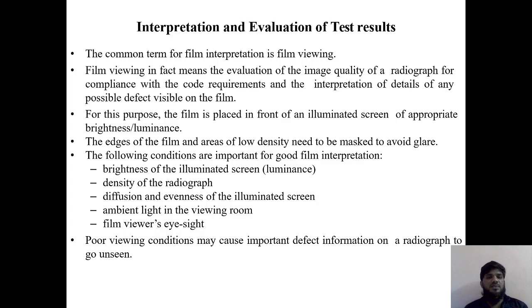For this purpose, the film is placed in front of the illuminated screens that I have already mentioned. The edges of the film and the areas of low density need to be masked to avoid glare. The areas which are not exposed have to be masked, meaning covered, because the image where the silver is formed has to be seen in a brighter way.